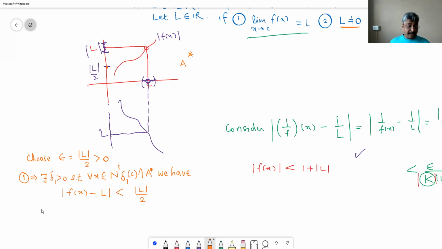Now see what we do: triangle inequality related algebra. So this is available with us. Now I am writing a statement: absolute value of L minus absolute value of f of x, the difference of two sides is less than the third.